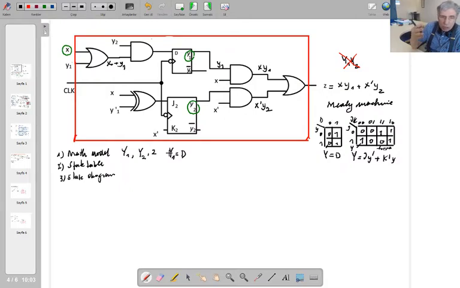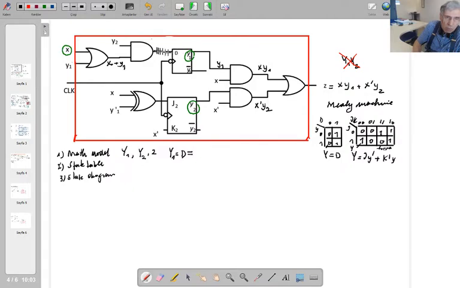Because I said I'm going to write my dependent functions in terms of independent variables. So there is no independent variable here. My independent variables are these green ones, aren't they? This x, y1, and y2. So I'm going to transfer this D variable to these independent variables. How am I going to do it? Go back to my circuit.